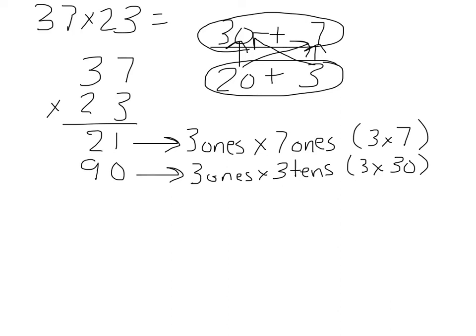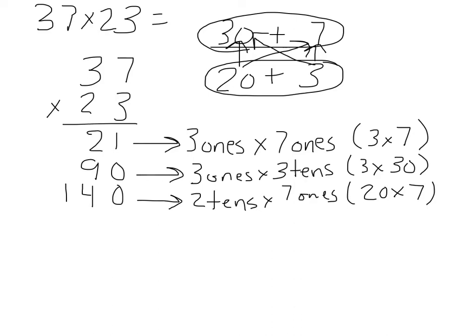The next thing I'm going to do is now move on to my tens, the bottom tens place, so I would multiply 2 tens times 7 ones, so that is 20 times 7, which is 140.